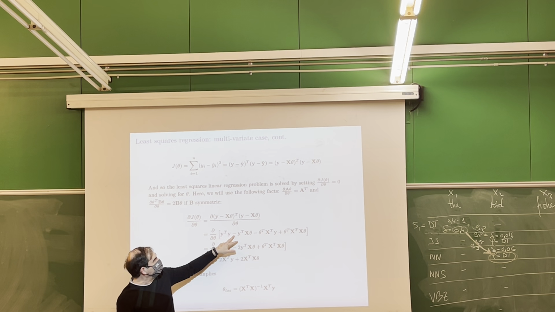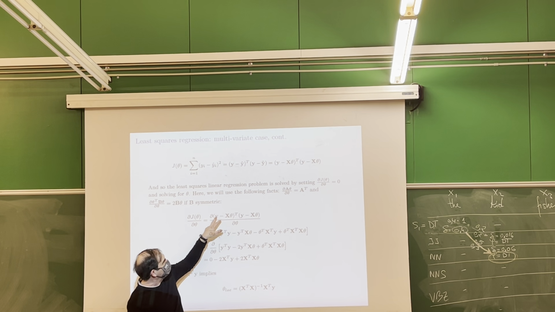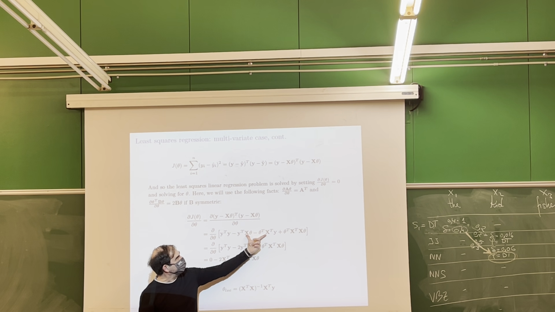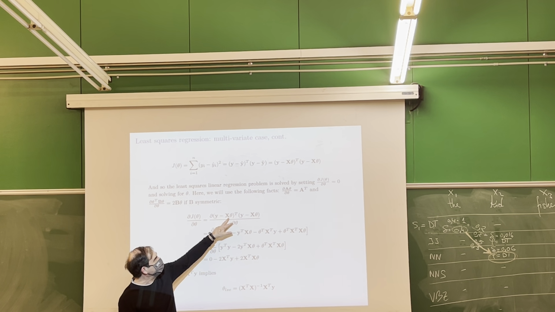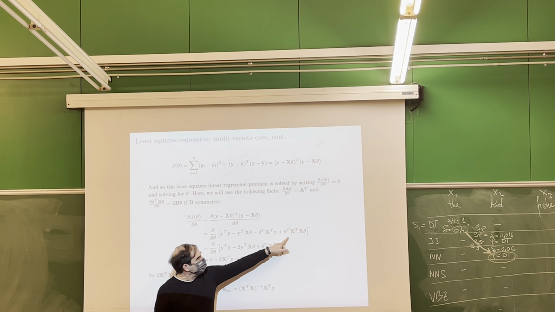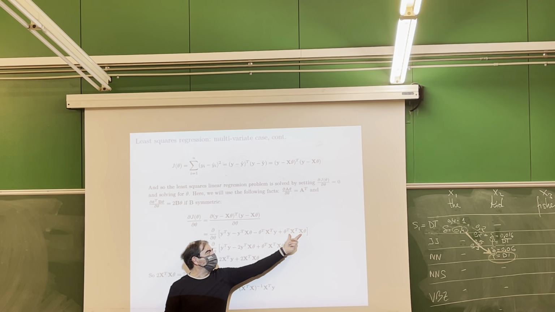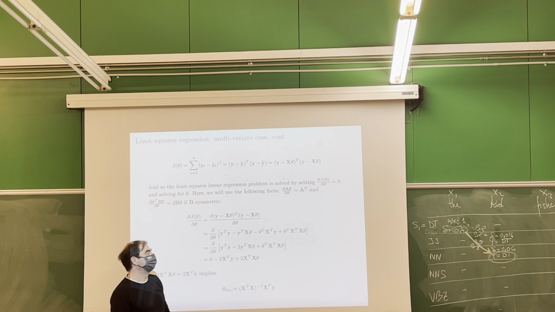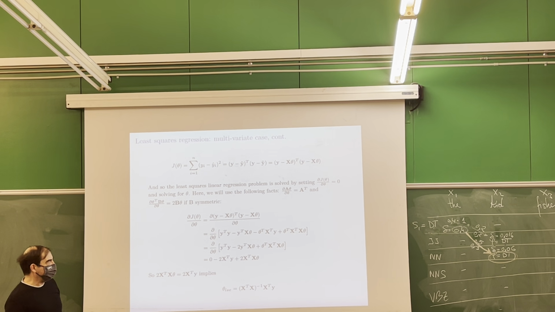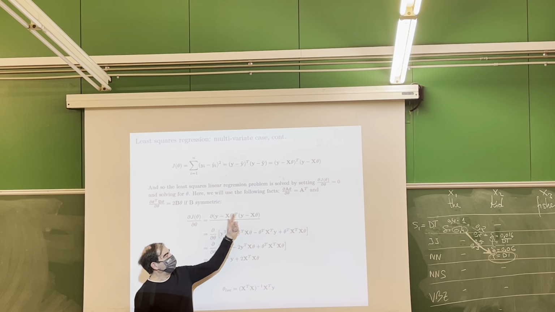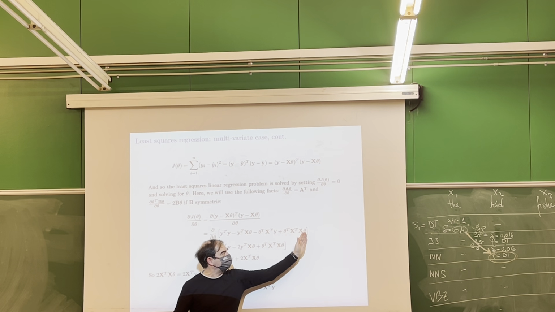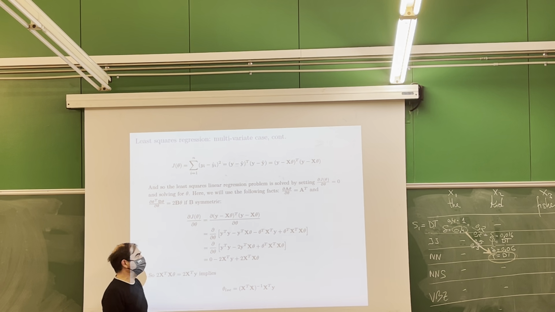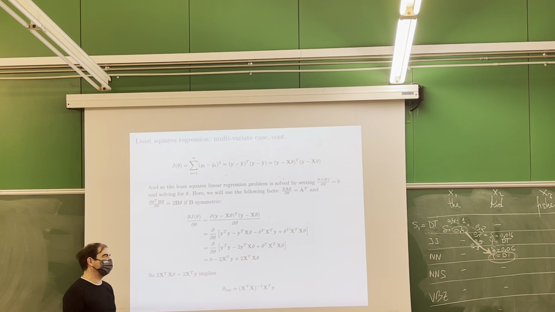Then we have minus this term multiplied by this term, minus this term multiplied by this term, that is these things up here, and then this term multiplied by this term, that is theta transposed multiplied by x transposed multiplied by x and theta. So this is only doing the products, the expansion of these products, and now we can differentiate with respect to the parameters.